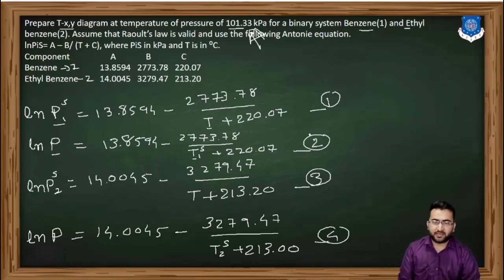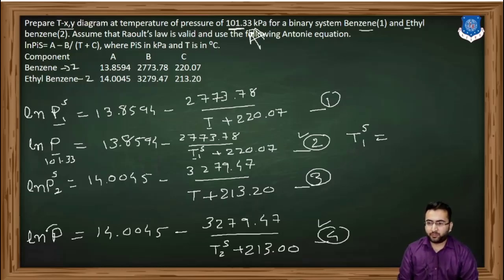Using equations 2 and 3, we can calculate T1 saturated and T2 saturated. So let's first find T1 saturated. In this equation, if we put the value of pressure as 101.33 kilopascal, we will get the value of T1 saturated.